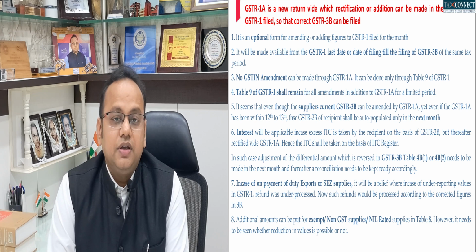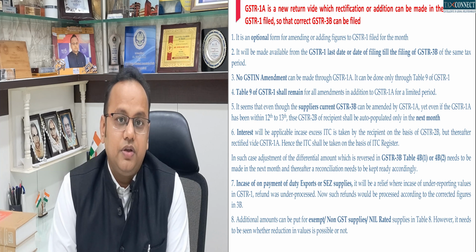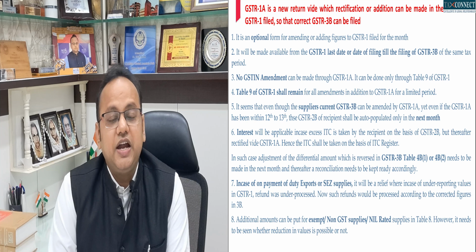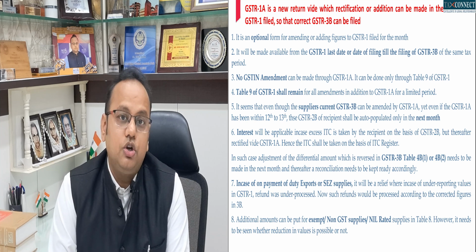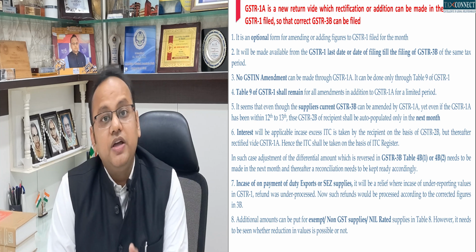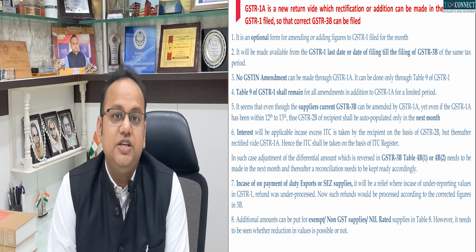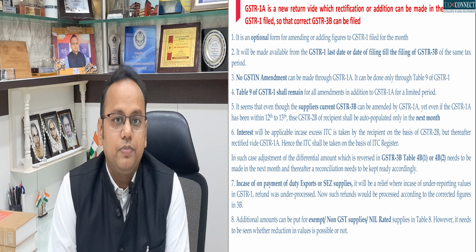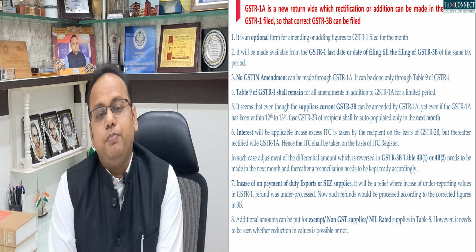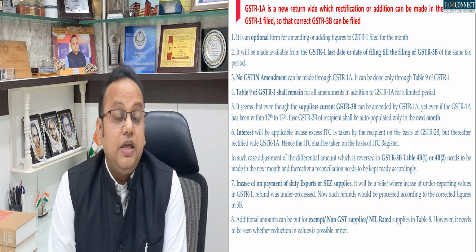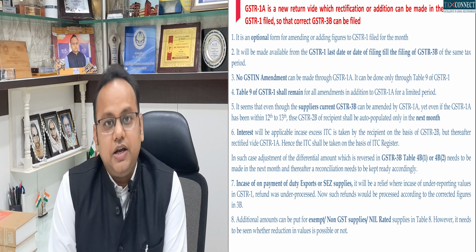Therefore, the input tax credit of the recipient in form GSTR-2B shall be auto-populated on the basis of the current month's GSTR-1 and the past month's GSTR-1A.